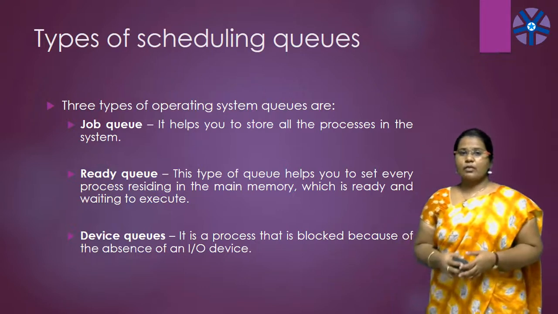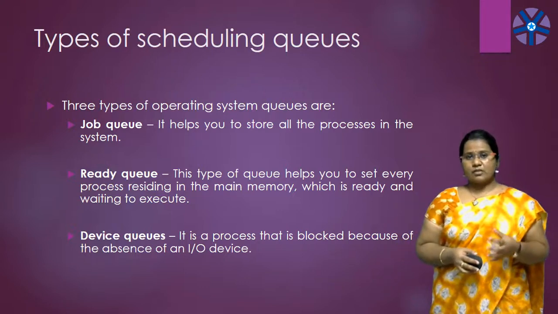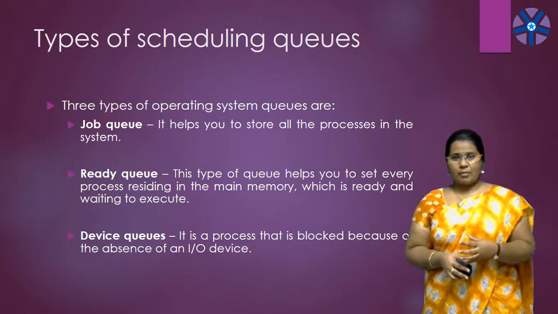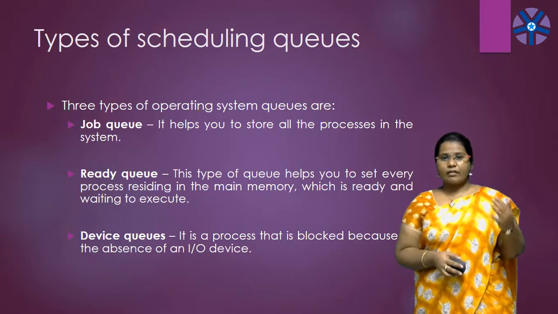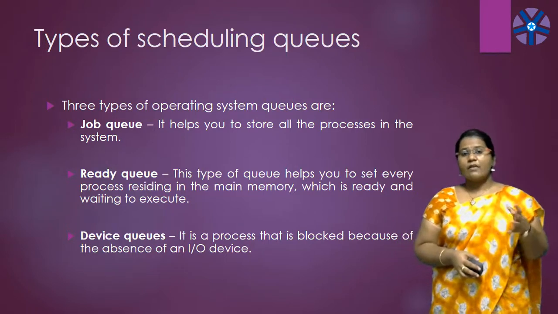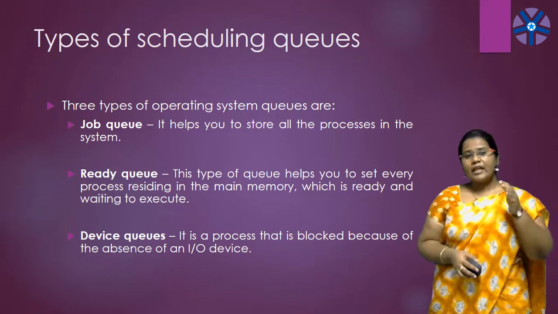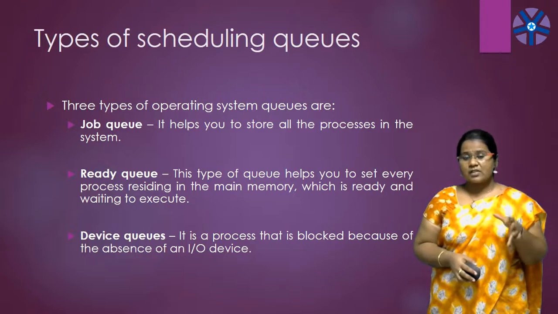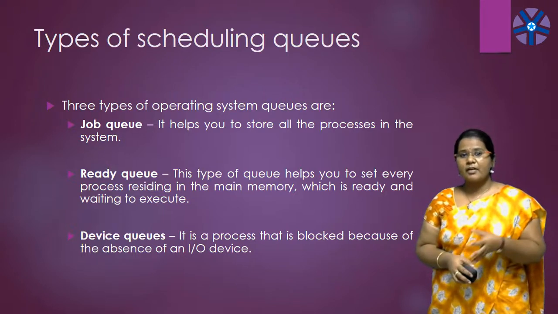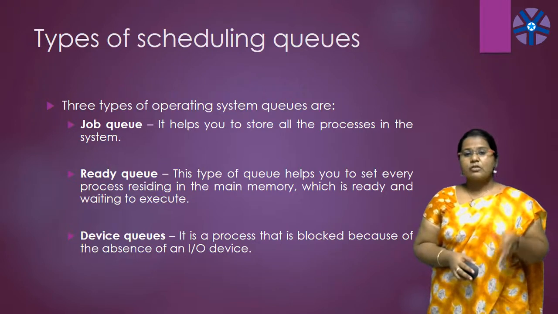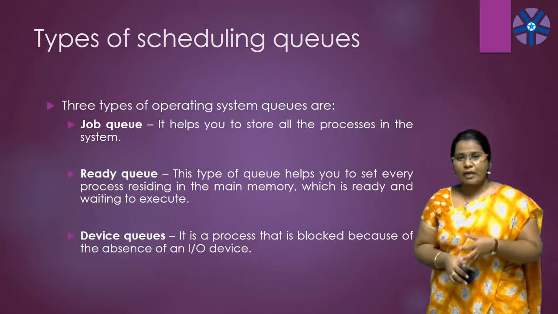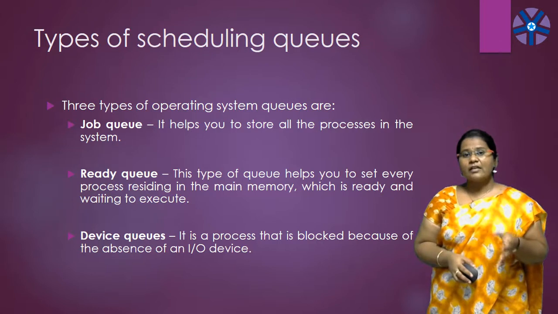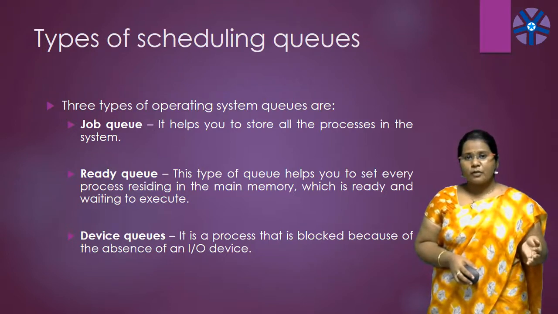Right from the start of our lecture series, we have been discussing that in order to execute a process, it should first be loaded into the main memory from the secondary memory. As soon as a process is loaded into main memory, it is said to be in the new state, and those processes in the new state are placed in the job queue.